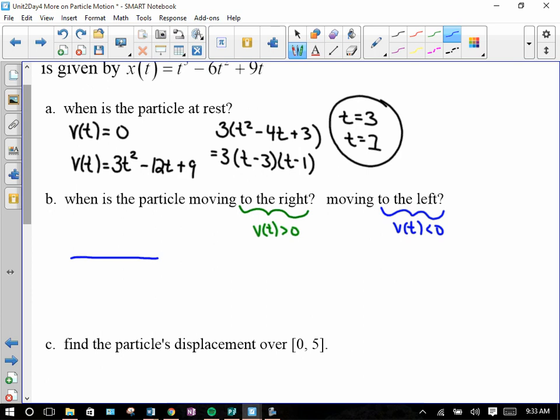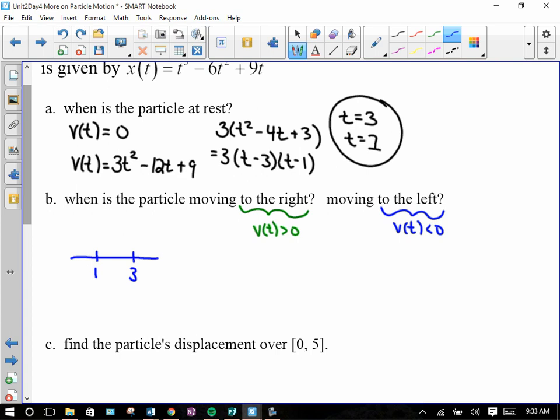You make a number line and you put your numbers where the function is equal to 0 on the number line. We're talking about velocity greater than 0 and velocity less than 0, so we're using the velocity function. So where's the velocity function equal to 0? 1 and 3. 1 on the number line, 3 on the number line. So I have, in this case, 3 places that I need to check the sign of my function.